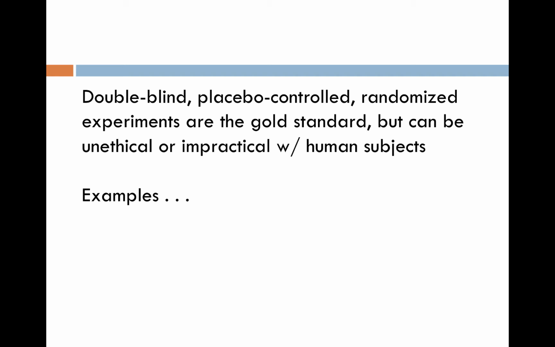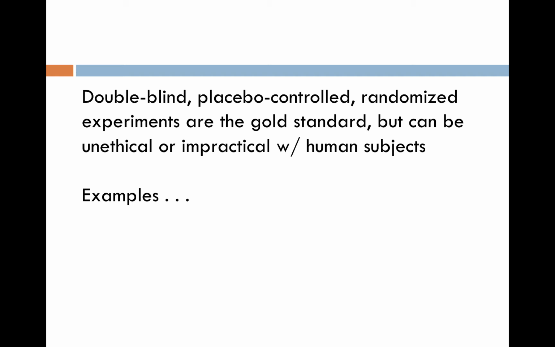Obviously, that's not ethical to conduct on human subjects because those women in the control group would have a high likelihood of becoming pregnant during the study. So clearly unethical.